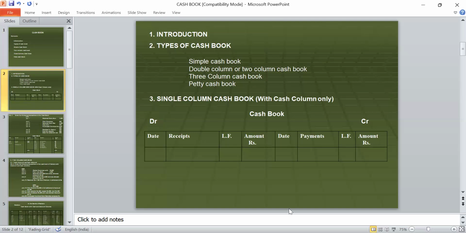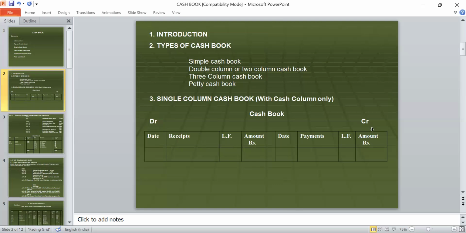So, the required pro forma for simple column cash book. Okay, first one, date, particulars, which means all cash receipts, LF, ledger folio, and amount in rupees. This is the debit side of a single column cash book.